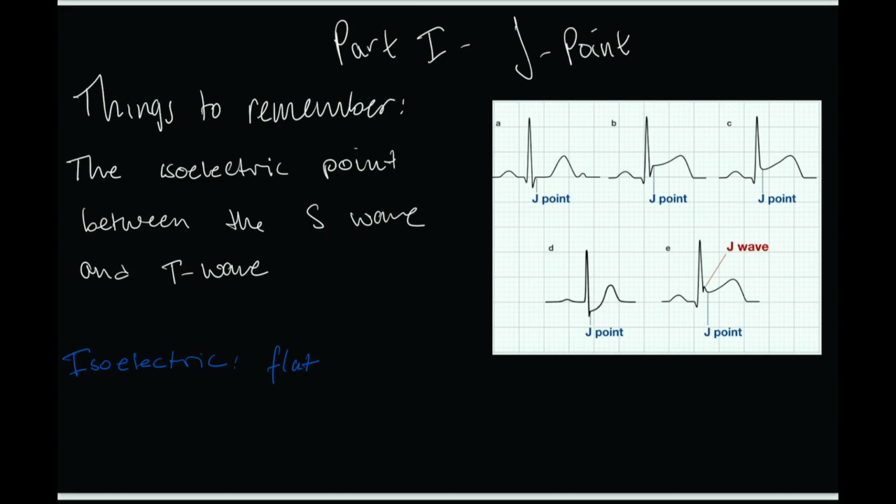So if we come over here to the examples, we have our P wave, we have the R wave, and right before the R wave we have this tiny negative deflection, which tells us we have a Q wave. And after the R wave and before the T wave, we have this tiny little negative deflection, which is our S wave. And we see as that S wave proceeds up, at some point it becomes flat. And that flatness is isoelectric, which makes it our J point.